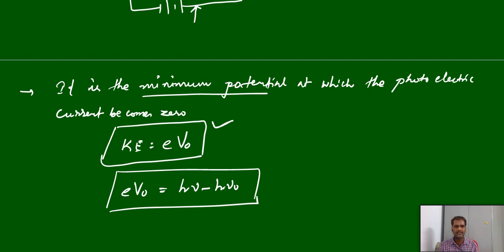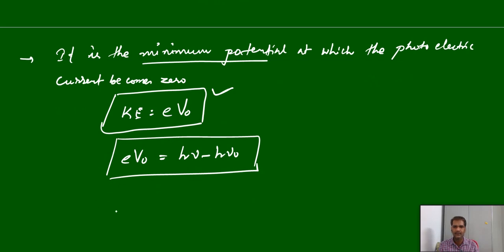And if they give the initial frequency and the threshold frequency, you can identify the stopping potential from this equation. Here e is the charge of the electron, and V naught is the stopping potential.